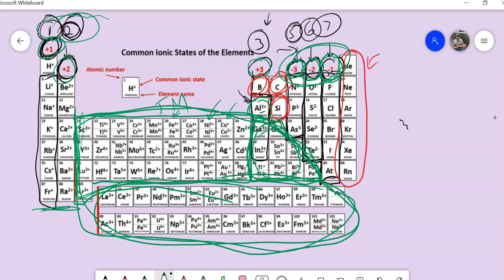They can lose a couple of electrons from their s sublevel. There are multiple ways that they can lose electrons to form positive charges. And the reasoning for that gets a little bit more complicated than we're going to get into in our general chemistry class. But for now, just understand that the d block elements and these post-transition metals here can form variable charges.